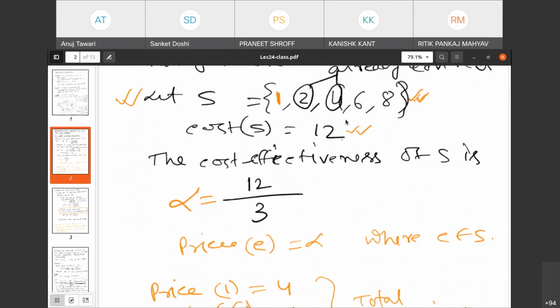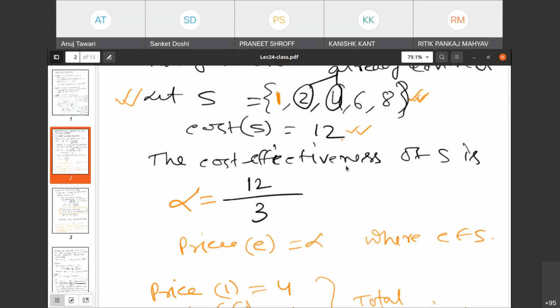So for that, what we will define is this notion, which is that for every element in the universe, let's say price of E, where E is some element in the universe, we set its price to be alpha. So for every element in the universe, we look at the first set which is covering that element and set the price of this element to be the value of alpha for that set.